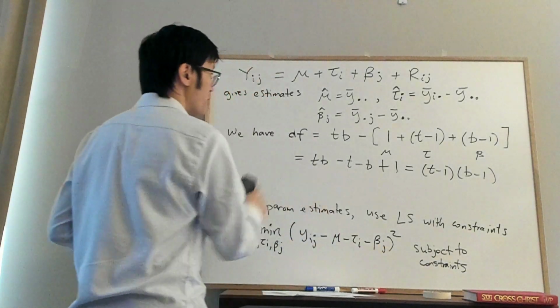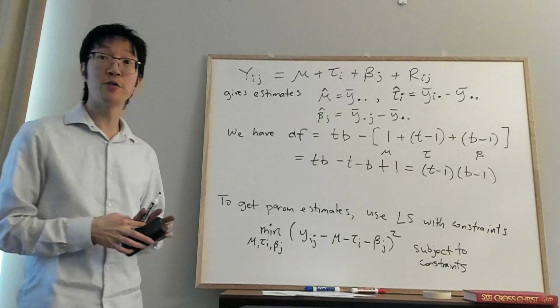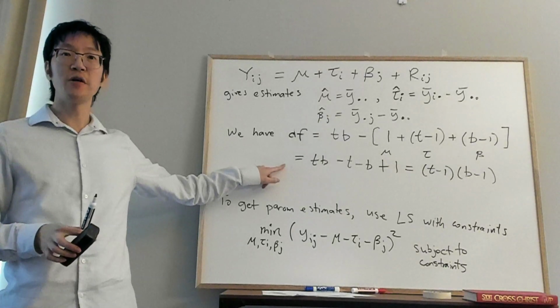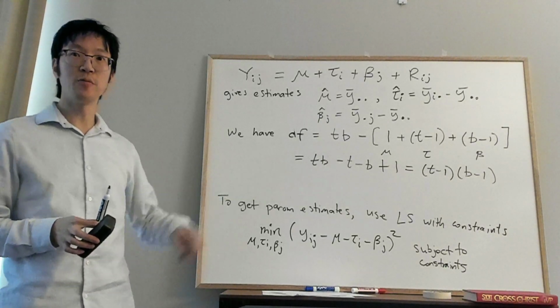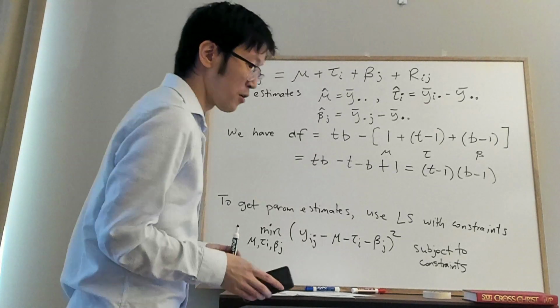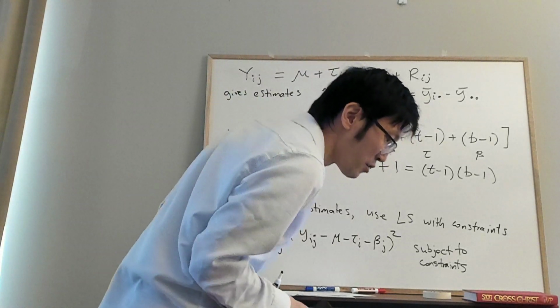Okay, so now we have the model degrees of freedom, and what do we use that for? Well, we use that in calculating our estimate of the residual variance. So we need to use that for our computation of sigma squared.